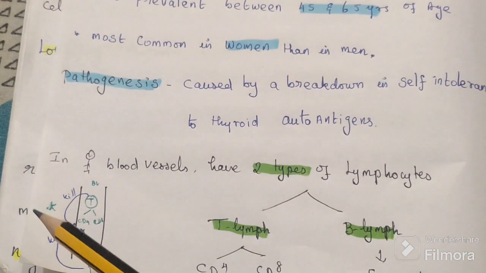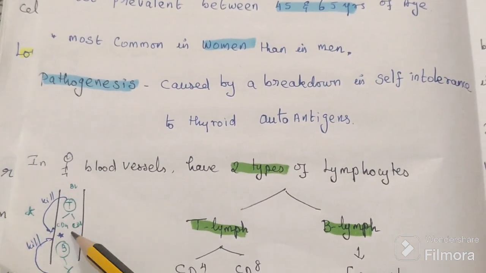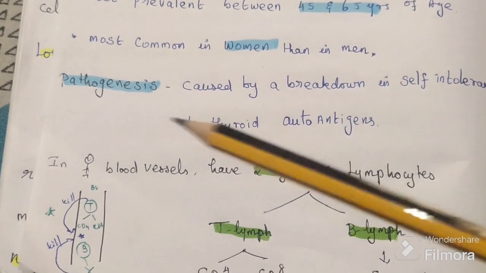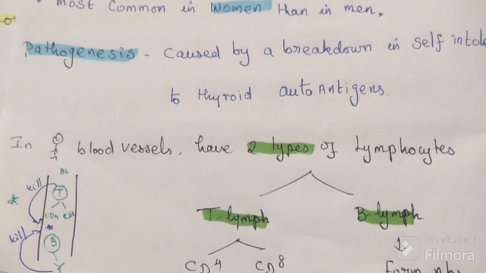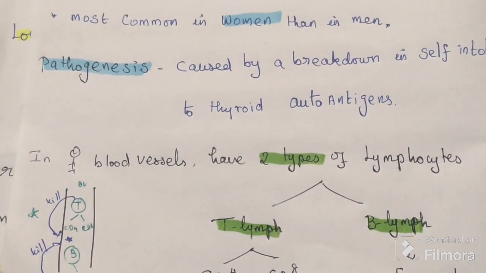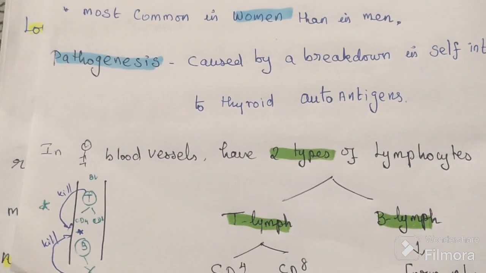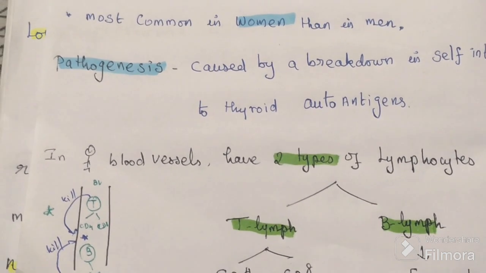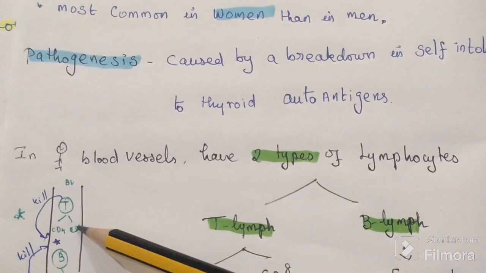Whenever foreign particles enter the blood, both get stimulated. T cells and B cells are both stimulated. CD4 and CD8 cells secrete cytokines.